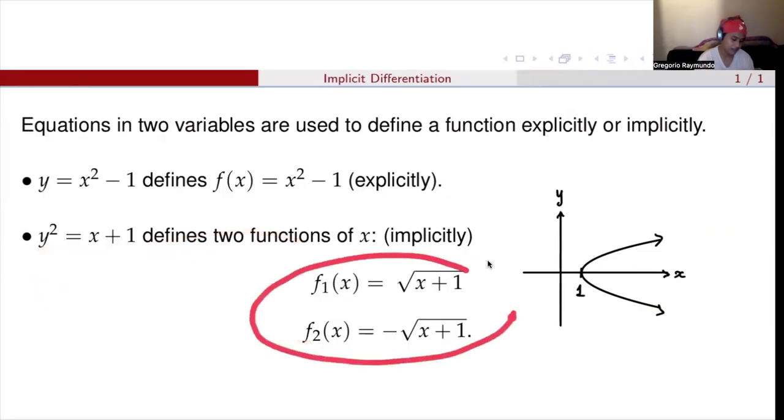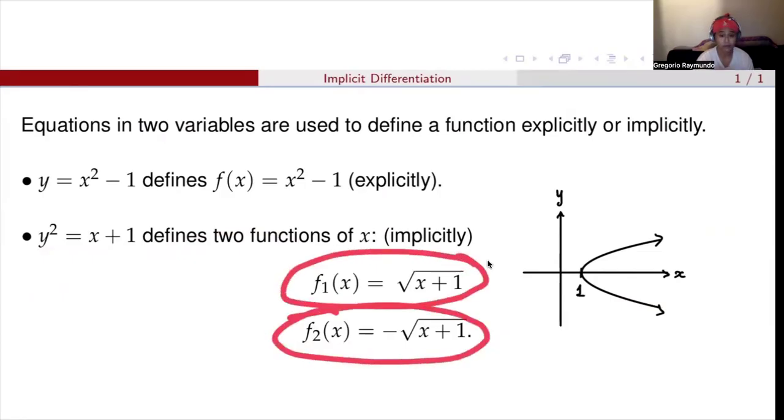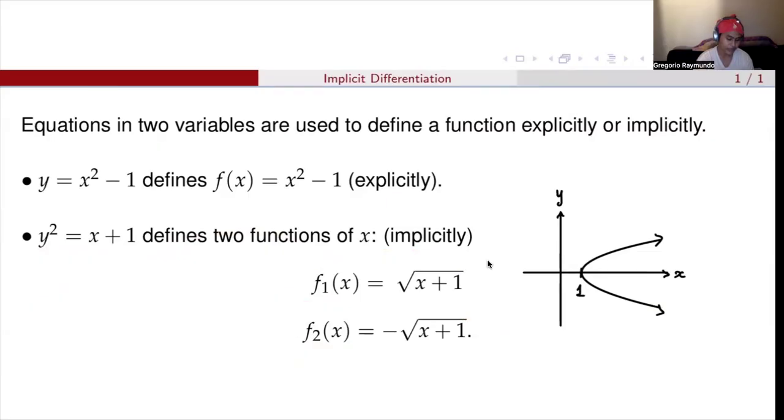Dahil meron na tayong dalawang functions dito, separate derivatives yung kinukuha mo for this. Okay, but if you look at this graph here, although it's not a function, somehow meron ka pa rin idea ng tangent line.